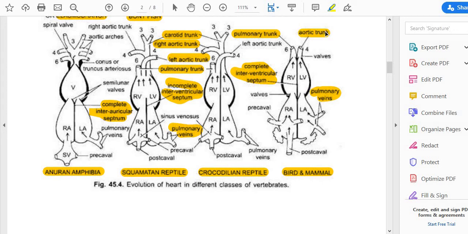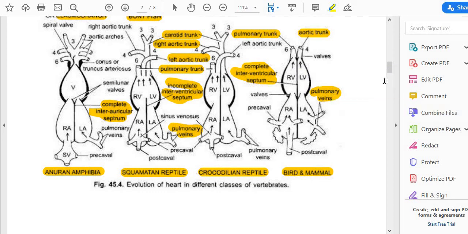The aortic arch is also called the systemic arch. I told you 2 pairs of aortic arches: one is the pulmonary arch, the other is the aortic arch or aortic trunk, also called the systemic arch. From this systemic arch the pure blood is supplied to the other parts of the body. In between the ventricles and the pulmonary trunk and aortic trunk there are semilunar valves. The presence of valves is to check or prevent the backflow of blood.